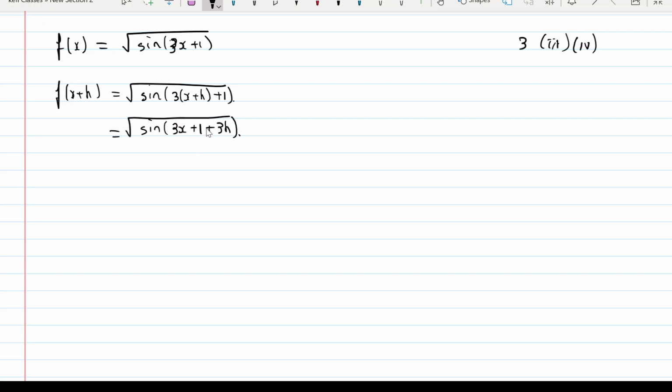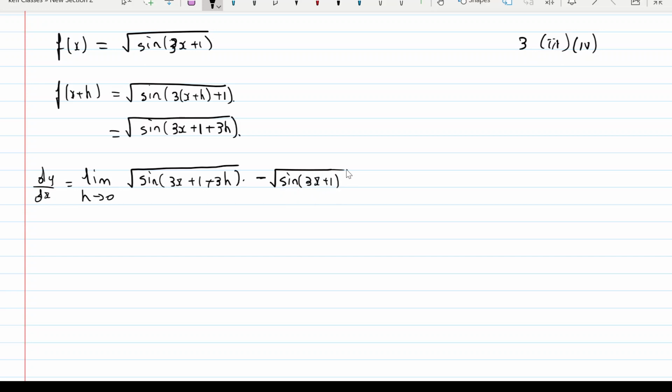Okay, so that becomes this function. So dy by dx is equal to limit as h tends to 0 f of x plus h. So that's root of sine of 3x plus 1 plus 3h minus f of x, root of sine of 3x plus 1, divided by h. So since it's root, we will rationalize. Limit as h tends to 0, and I am writing the rationalizing terms directly.